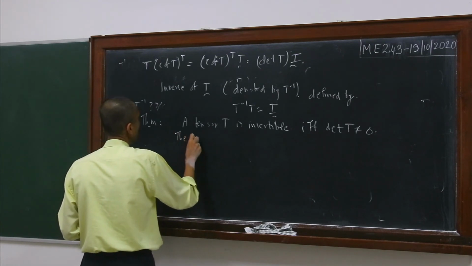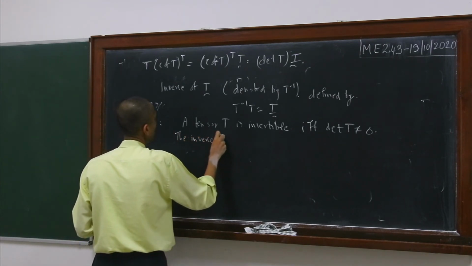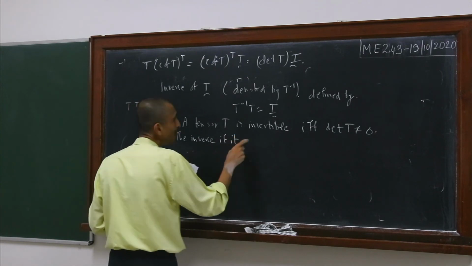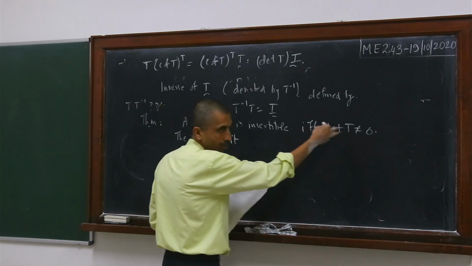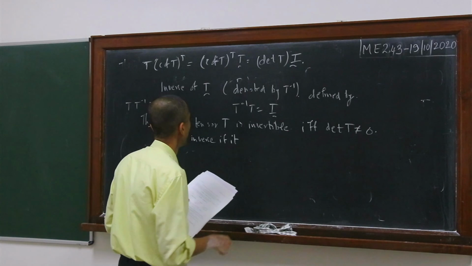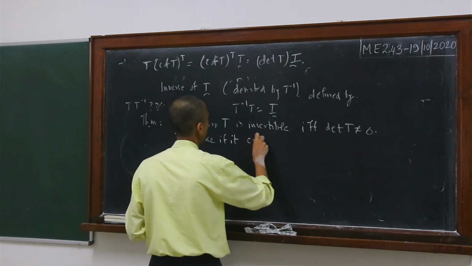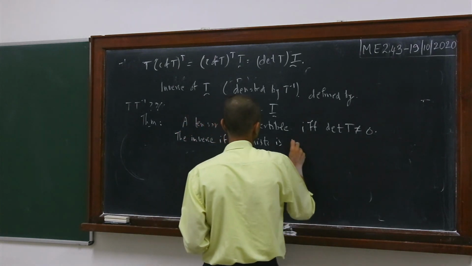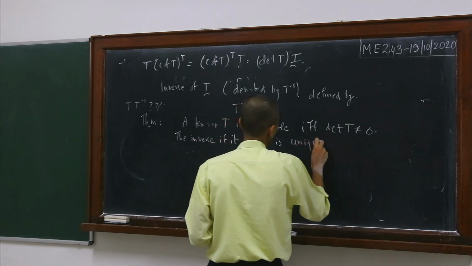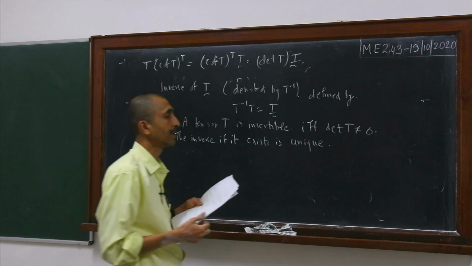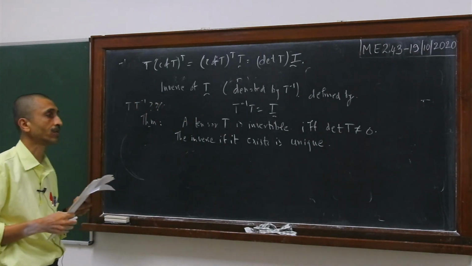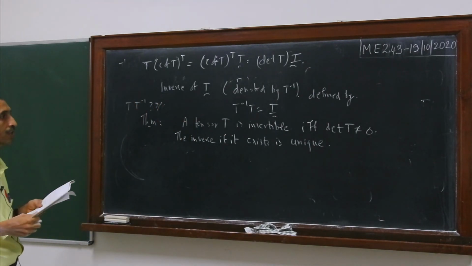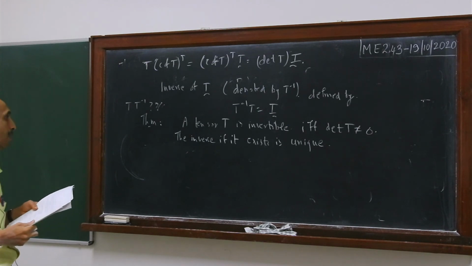If it exists means the determinant has to be non-zero; in that case, it will exist. You will see from the proof that the proof is also very subtle, so one has to be very careful in proving this uniqueness part. Okay, so let us see this.